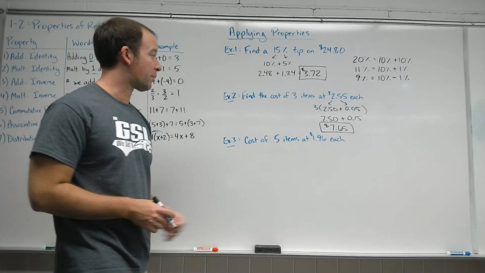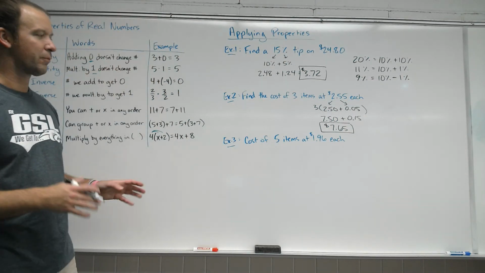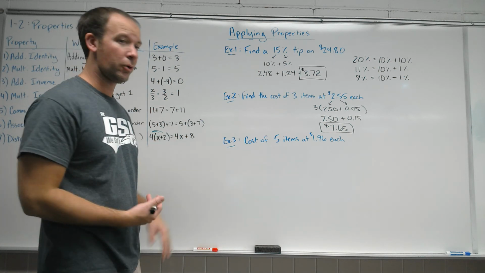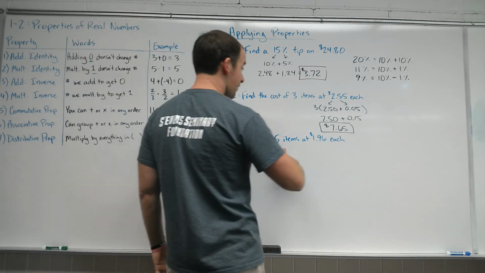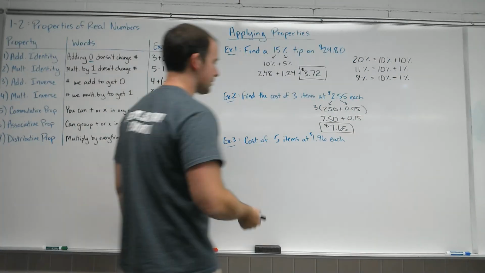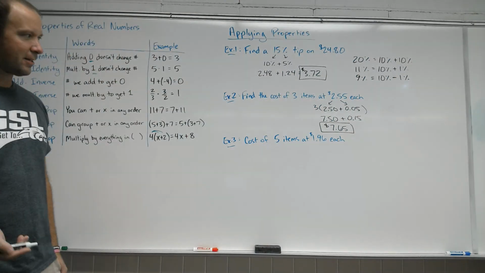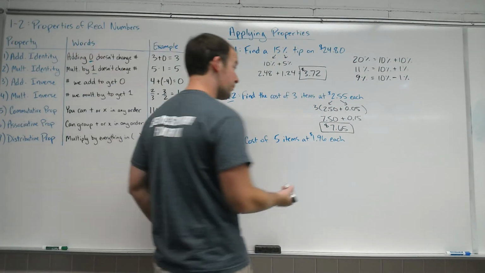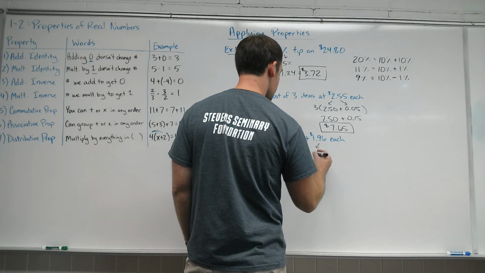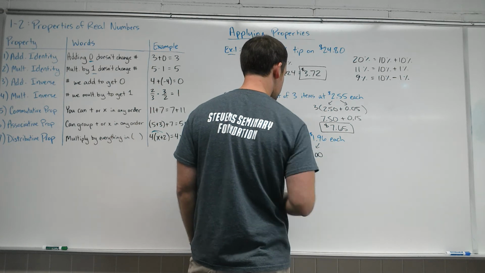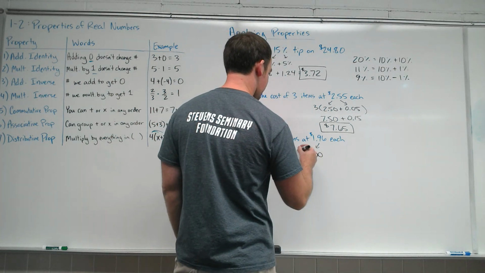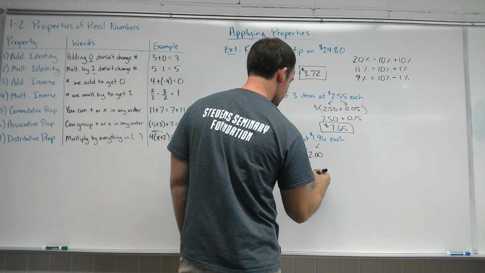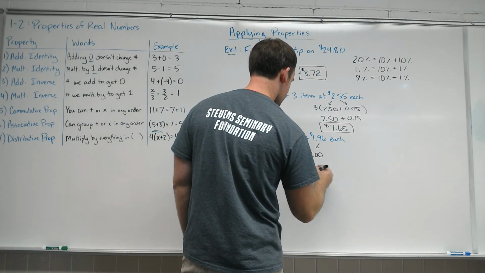Then example 3. If you're trying to get comfortable with this, you want to pause and try it on your own, great. Otherwise, we'll just keep rolling. I want to buy 5 things that each cost $1.96. $1.96 times 5 is not a fun thing to try to do in your head. But what would be really easy is $2, because 5 things that each cost $2, 5 times 2 is $10.